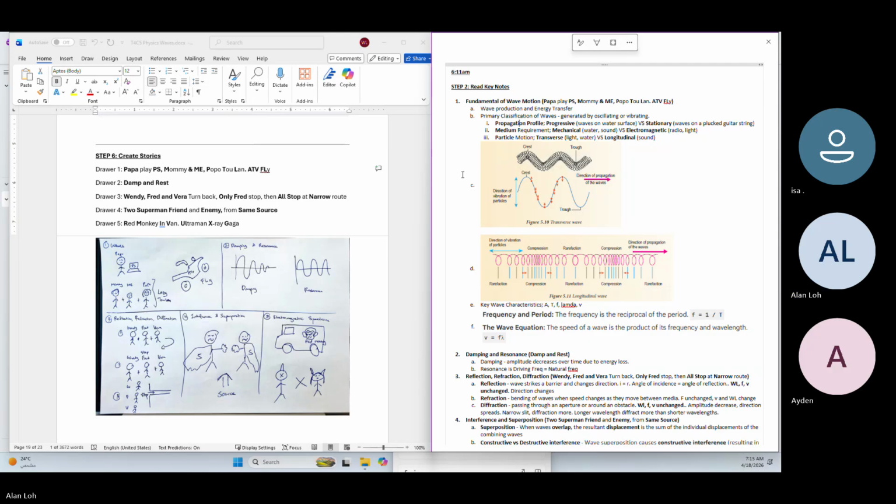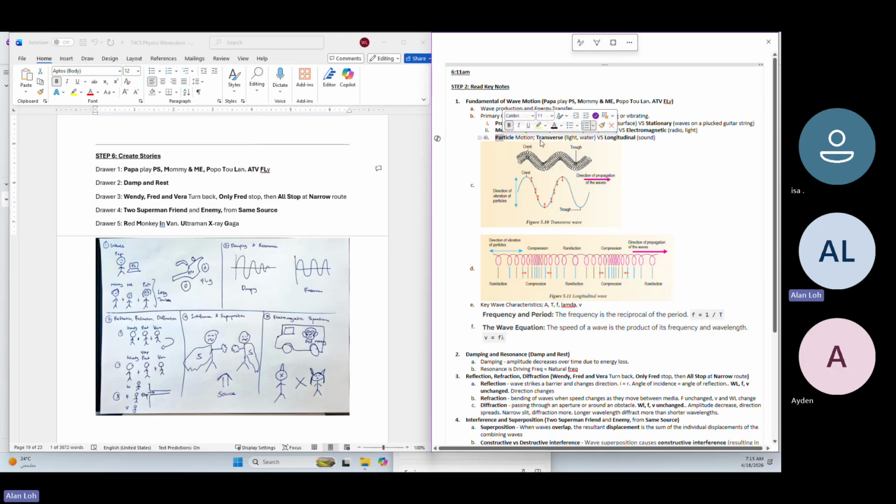Then Mommy, me, and Popo, Taulan. Medium, I represent Mommy. Me is mechanical and electromagnetic. So me, ME. Popo is particle.